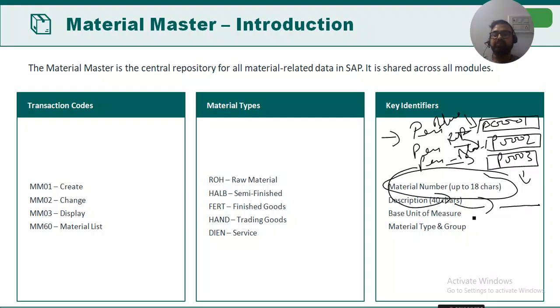Unit of measurement: suppose we have each, liter, kg and so on, as per the material characteristics we can put. And material group we will discuss later broadly. A material group is just a bifurcation for the material, so we can find it easily in reporting.